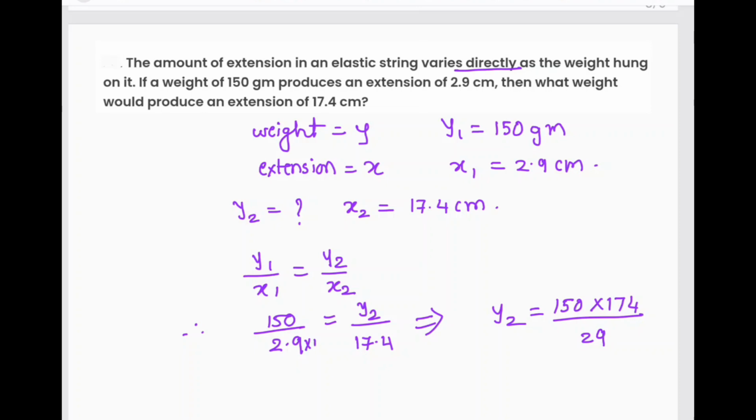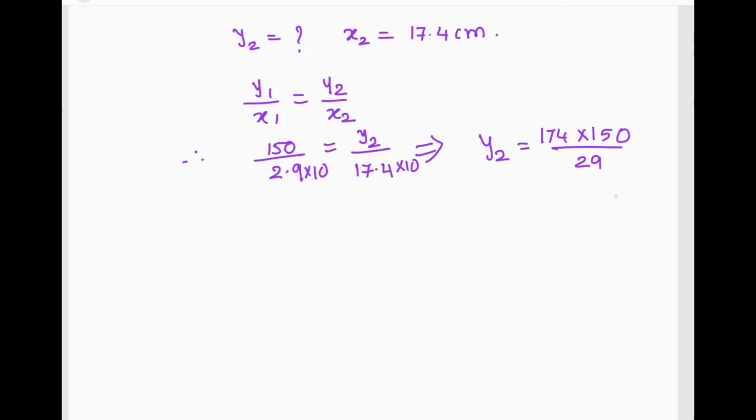Why will it go? Because if I multiply both sides by 10 in the denominator, then the decimal point vanishes. In the table of 29, 174 is there or not?